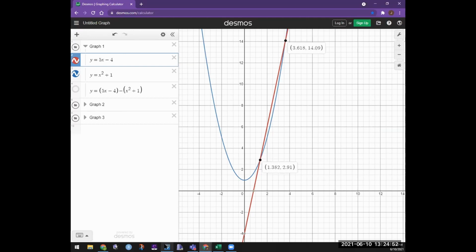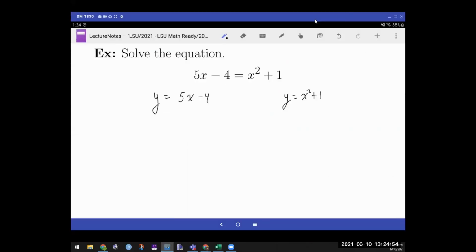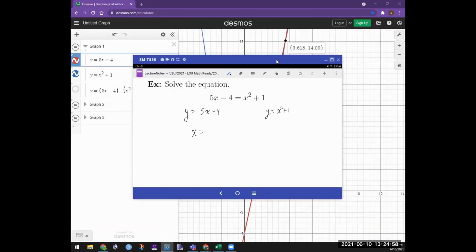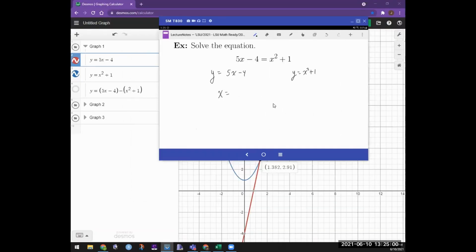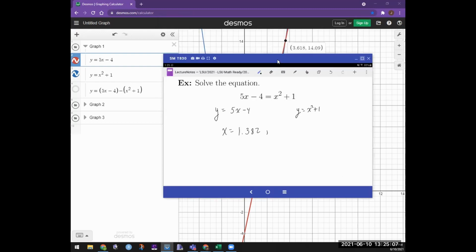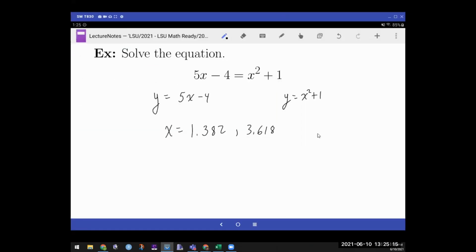X equals 1.382 and 3.618. So, this is not going to be the way to do it if you're in the middle of your calculus exam and you want to find the exact solution for some particular problem.